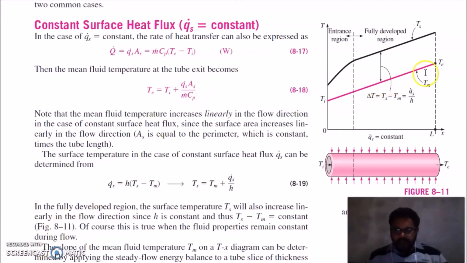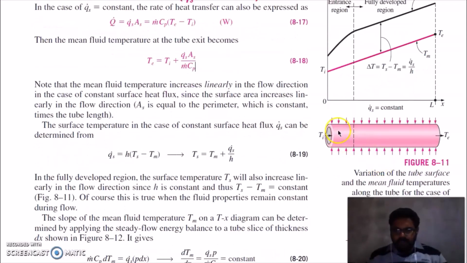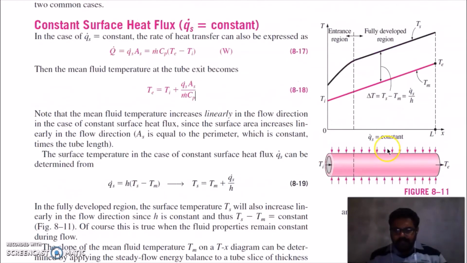Now in this graph, which is between temperature and length of the tube, you can see this tube is subjected to constant heat flux. You can see T is increasing linearly, so Tm will increase linearly, and Te is the maximum temperature at the exit.